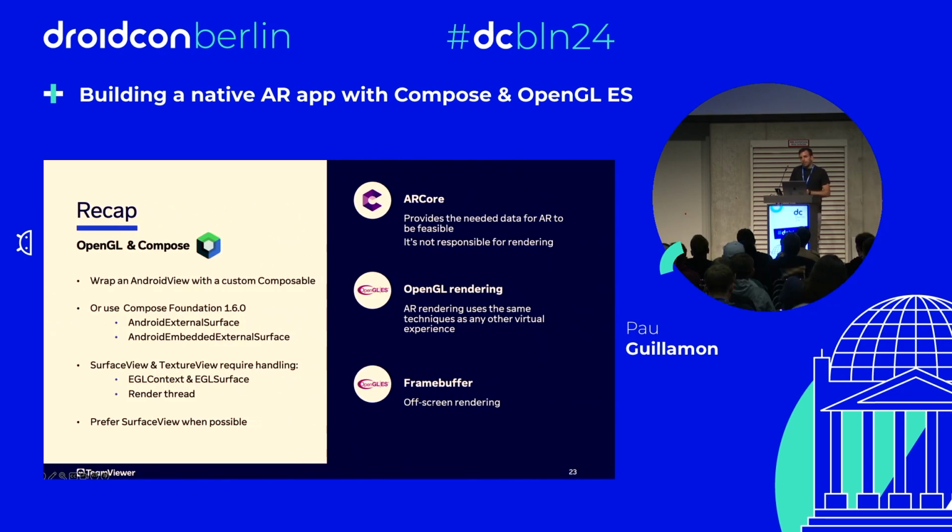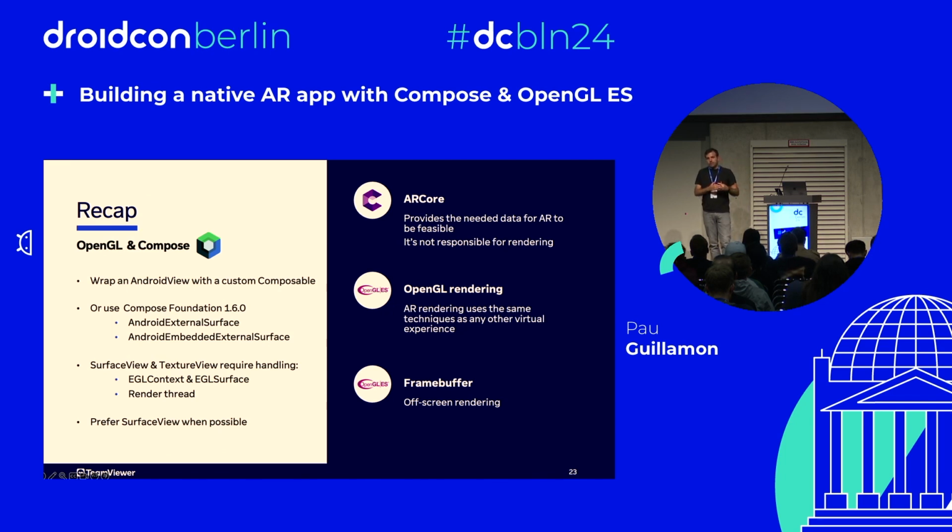Quick recap. We've seen how to integrate OpenGL with Compose. We've seen how we can create our custom composable to use a good old GLSurfaceView or one of the new AndroidExternalSurface or AndroidEmbeddedExternalSurface, if you're ready to deal with EGL context and EGL surface. It's not that complicated, actually. You do it once and forget about it, but it's a bit more work. And then also we've seen that it's preferable to use a SurfaceView.